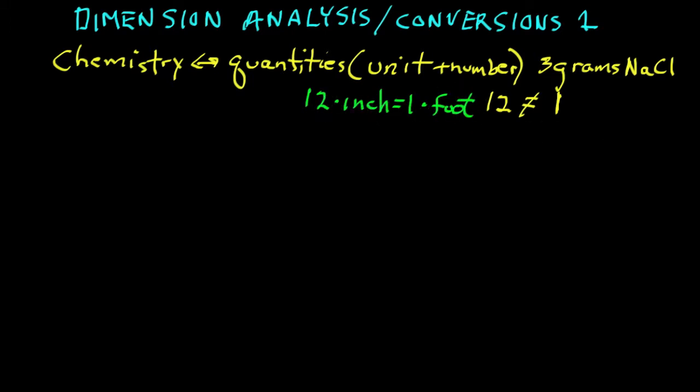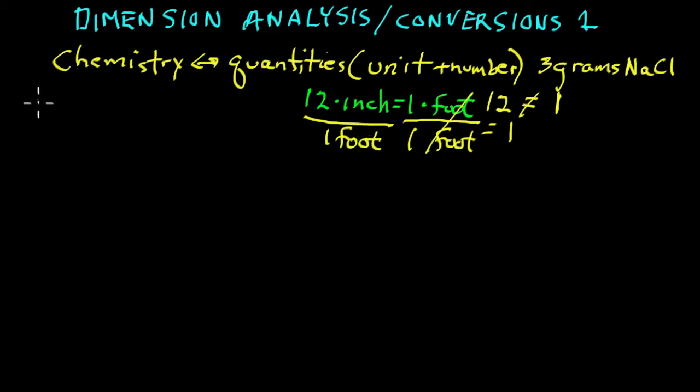And if we desire, let's say we divide both sides by 1 foot. Both sides, divided by the same thing, I don't change the value. But this whole thing over here is equal to 1. So I have 12 inches over 1 foot is equal to 1. That is called a conversion factor.